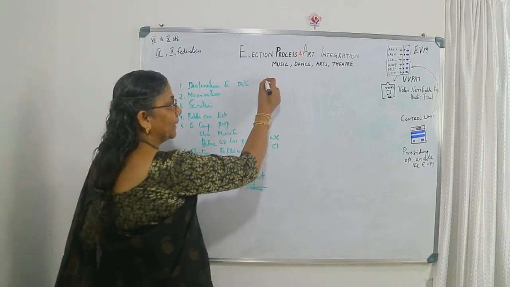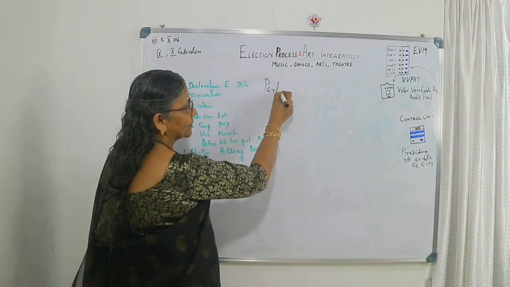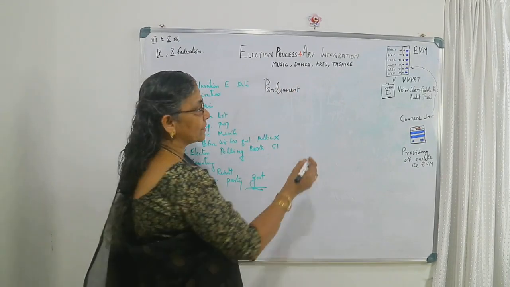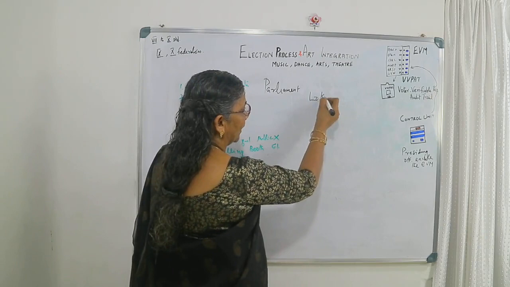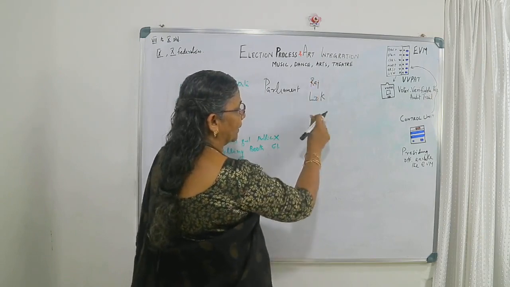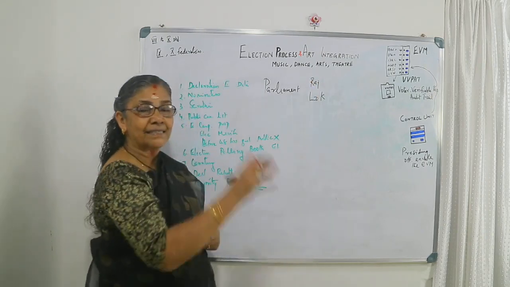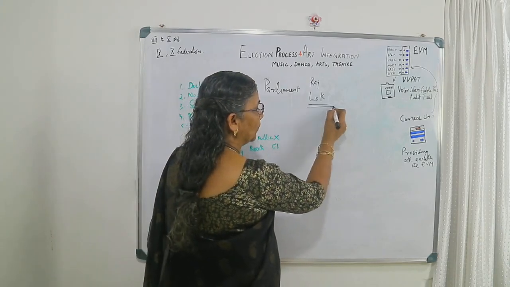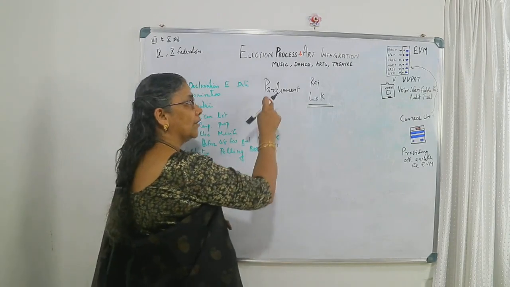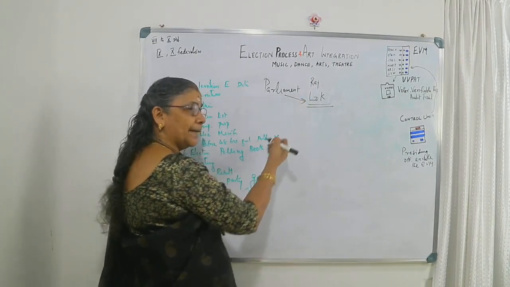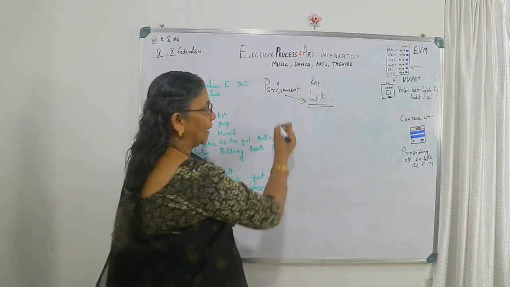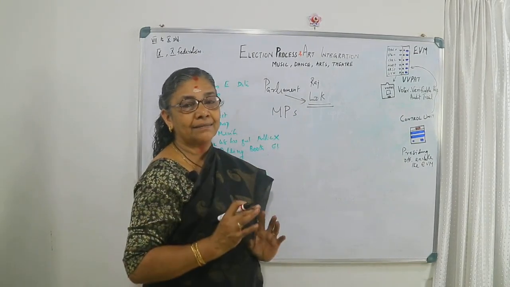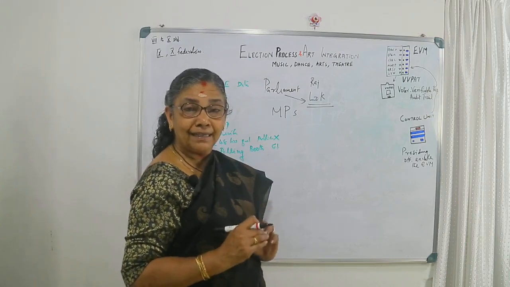The parliament has two houses: one is the Lok Sabha, the lower house, and the other is the Rajya Sabha. The people elected to the Lok Sabha are parliament members, whom we call MPs, whom we elect and send to Delhi in India.